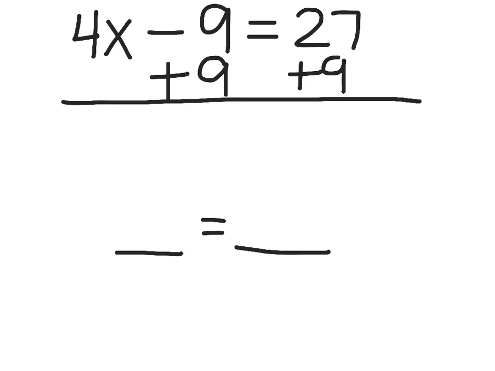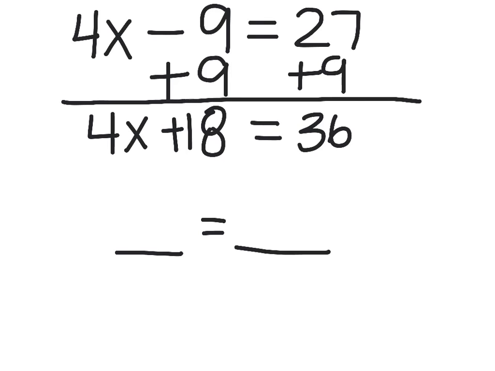So if you add and you end up with a number like this, 4x plus 18 equals 36, that tells you something is not quite right. The whole reason why we're adding is to get rid of 1. I'm still left with 2 here.